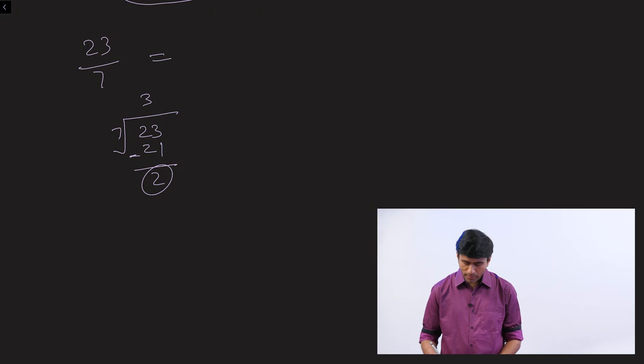So remember, the mixed fraction has a whole part and a fractional part. The whole part is your quotient. This is 3. That's where the whole number is. And the fractional part has a numerator and a denominator. What comes in the numerator? That's right, the remainder, which is 2.